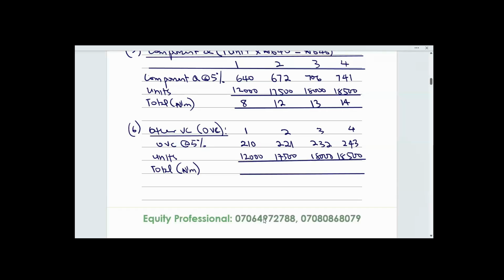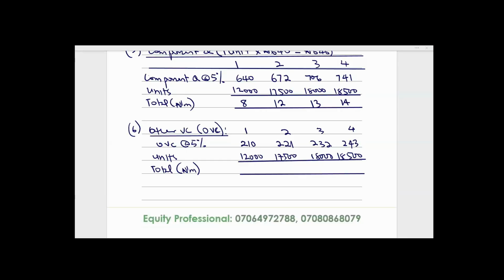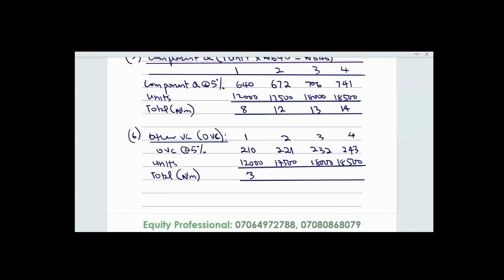Year 1, 210 multiplied by 12,000. That's 3. 221 multiplied by 17,500.